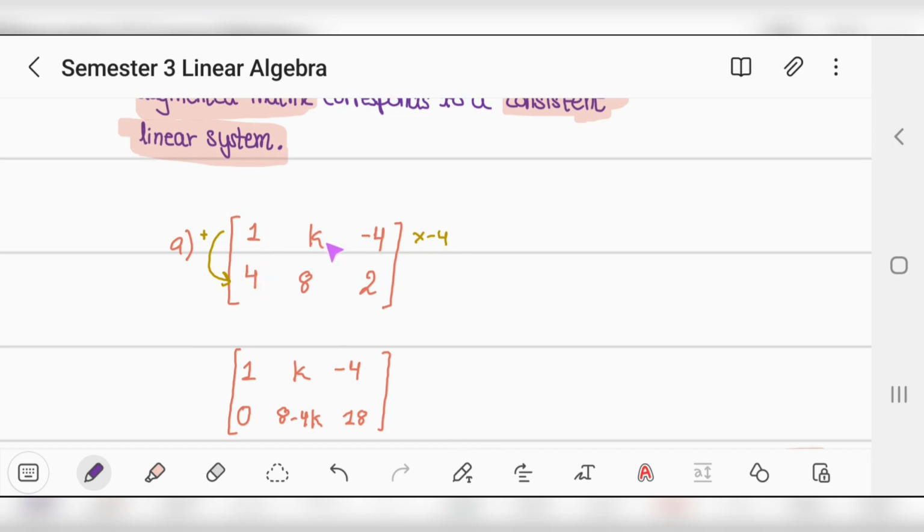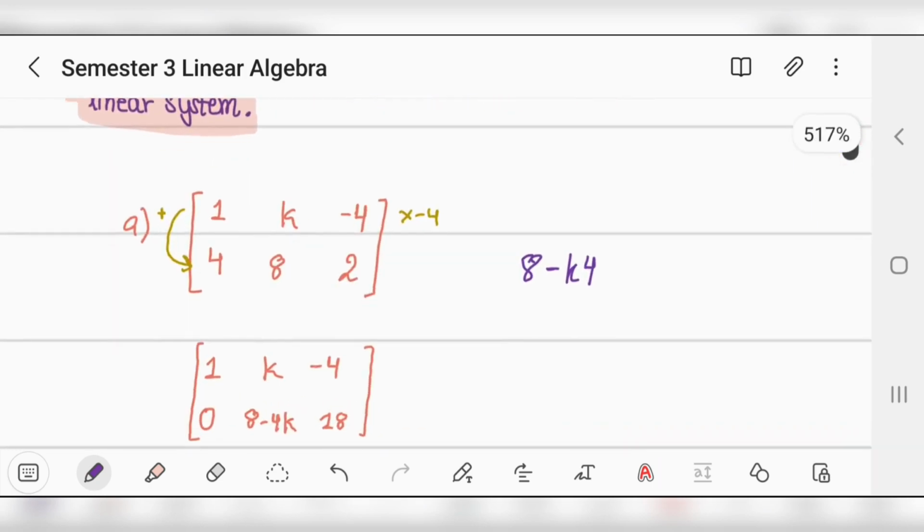So this is not k minus 4 actually, it's been multiplied by 4, so it's more like 8 minus 4k since it's been multiplied by 4. Then we have this, 4 4 16, 2 plus 16, which is 18. So we got this.